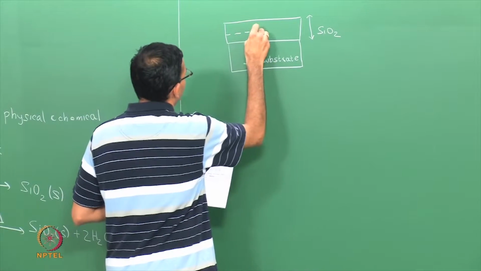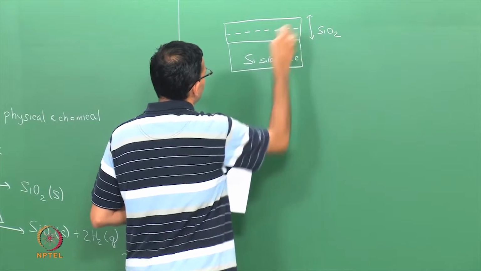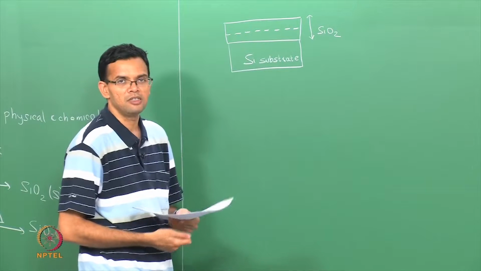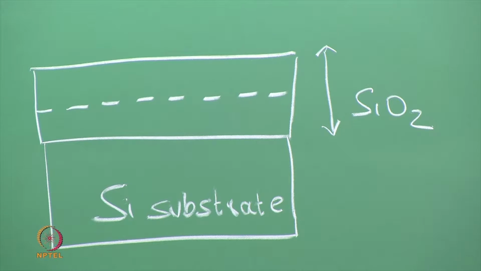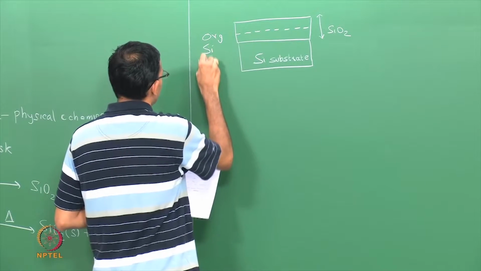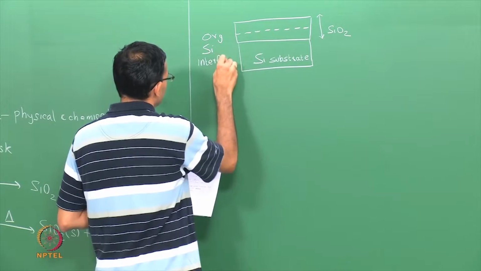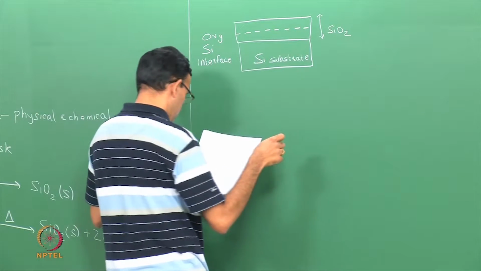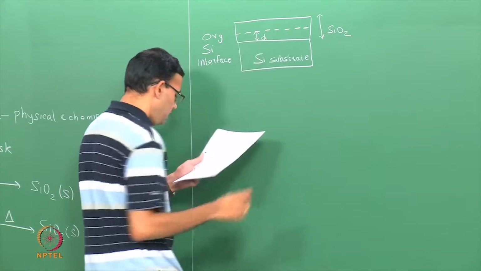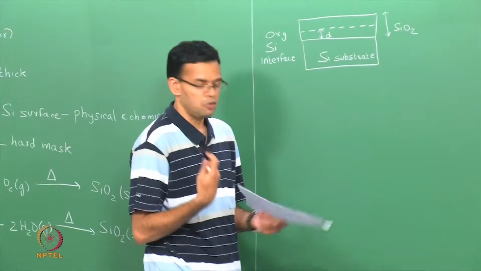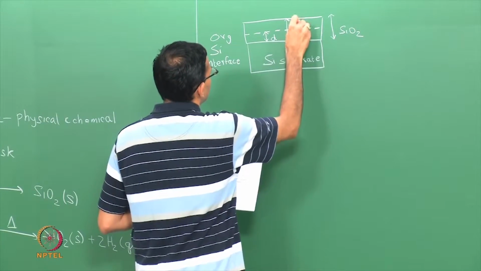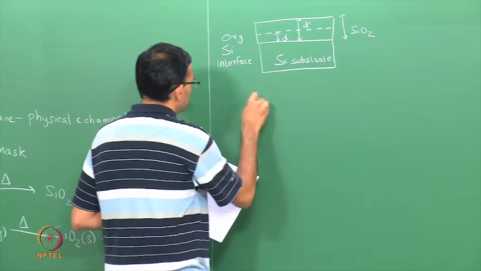The dotted line represents the original interface of the silicon. So, this much amount of silicon has been consumed in order to grow the oxide. D is the amount of silicon that is consumed, typically a thickness, and D prime is the thickness of the oxide layer.